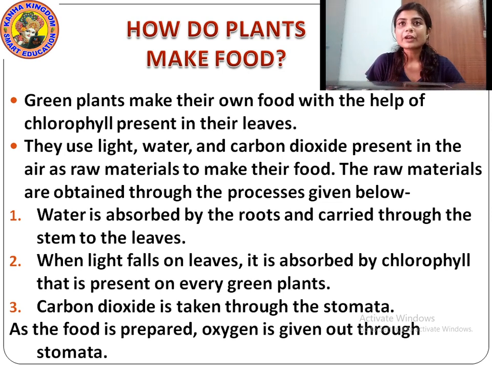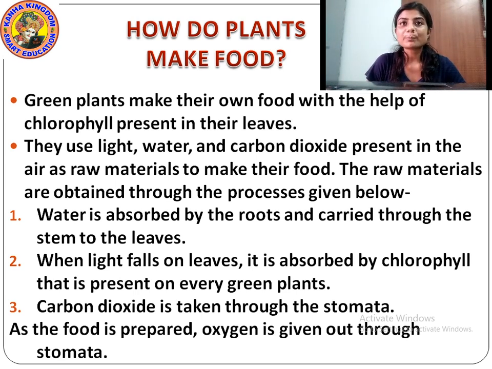Water and carbon dioxide are present in the air. Yes or no? And light they get from the sun and water from the soil. Plants get light from the sun, water from the soil and carbon dioxide from the atmosphere, that is from the air. These are the raw materials by which green plants can make their own food.